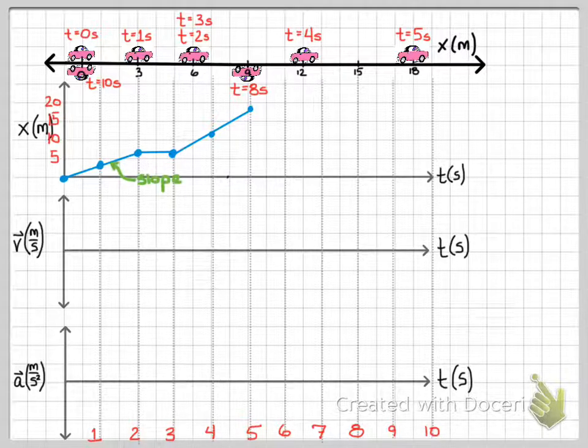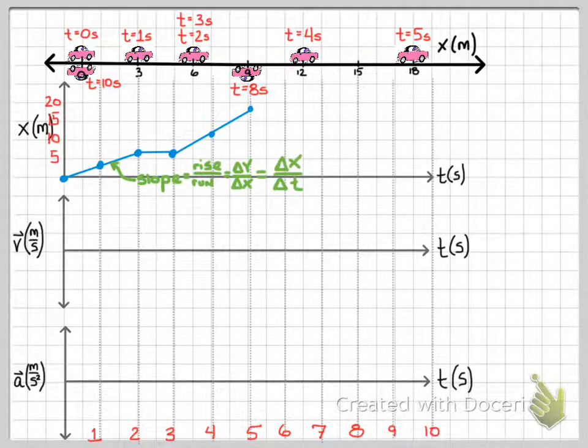Here's where it gets a little interesting. We can take a look at the slope of that line, and by definition from your math class, you'll remember that the slope of a line segment is the rise over the run. In slope-intercept form, it's often given with the variable m. In physics class, let's adapt this from our math class. We know that the rise over the run is also the change in y over the change in x.